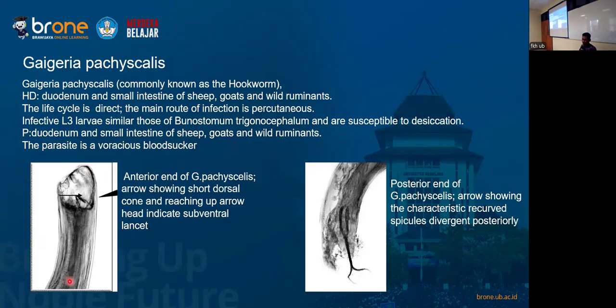And for the morphology, this is the anterior for them. And this one has a very unique spicule form, because their spicule characteristic is recurved spicules divergent posteriorly. Like this one, it's not convergent but divergent.